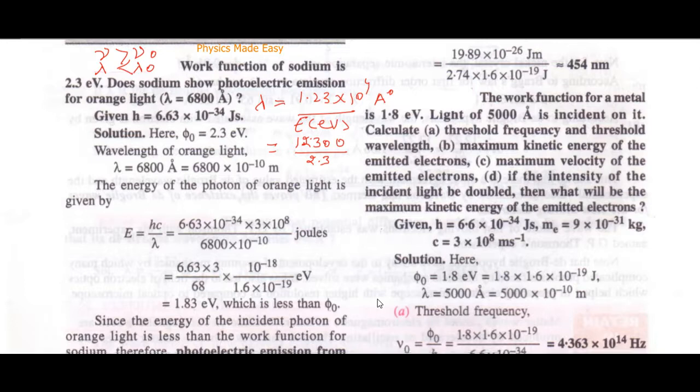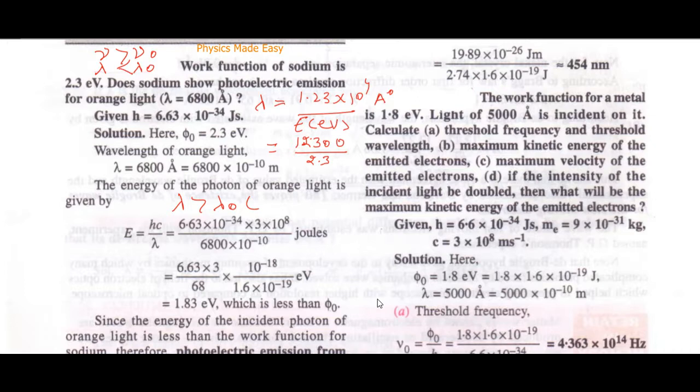One way is this. Another way of finding: lambda is greater than lambda naught, where lambda naught is 12,300 divided by 2.3, which is roughly less than 6,000.